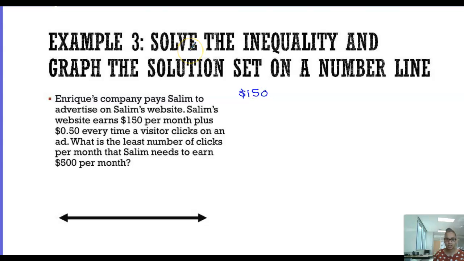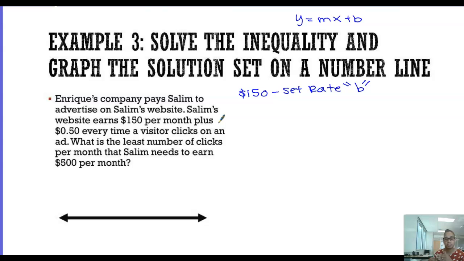If I'm thinking of linear equations, you usually think of y equals mx plus b. It's going to be a little bit different because we're working with inequalities, but my set rate would be that b, or set number. Whereas plus 50 cents every time a visitor clicks, that's something that's going to change. Depending on how many people click, that's going to be changing.